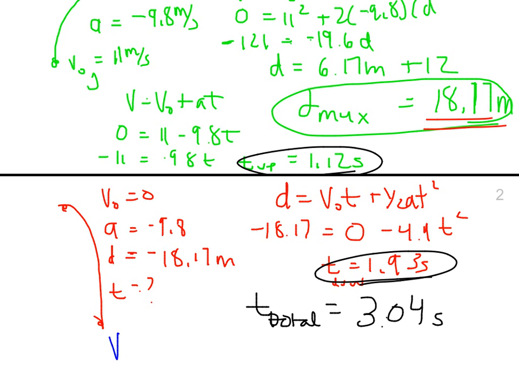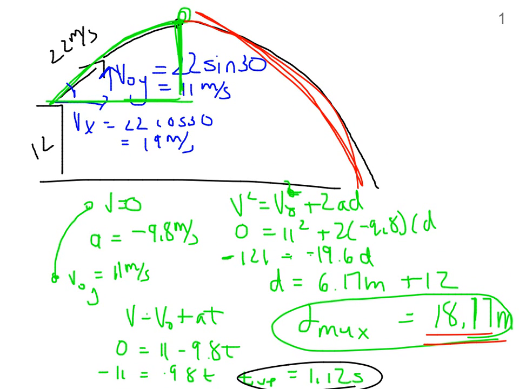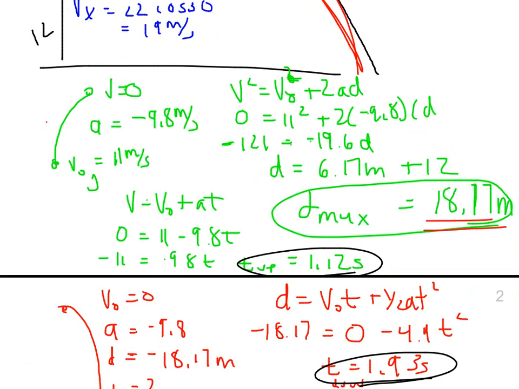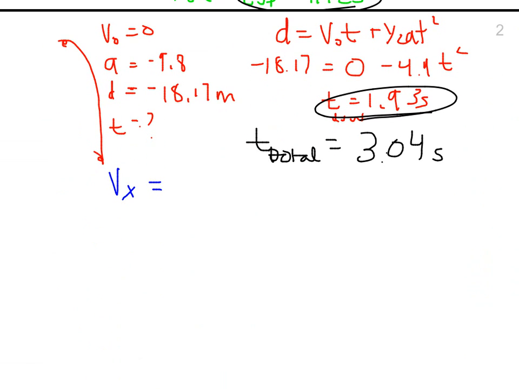I know that the horizontal speed, let me look back up there, was 19 meters per second. So Vx is 19 meters per second. I know that t is 3.04 seconds.